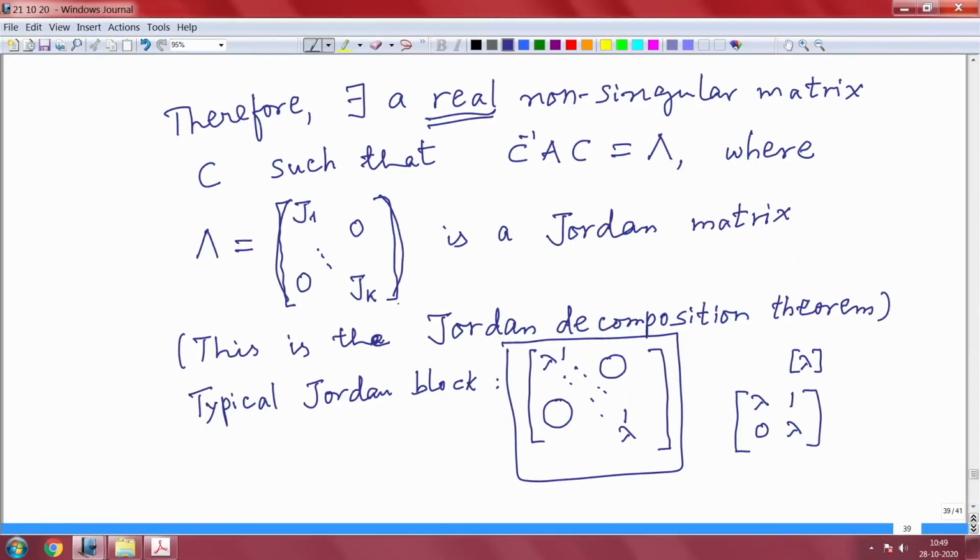So, they involve different eigenvalues. So, lambda is a typical eigenvalue of A. They all come in the diagonal of this matrix lambda. So, they are all eigenvalues of A.